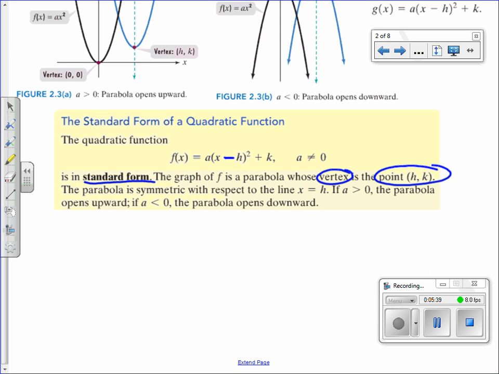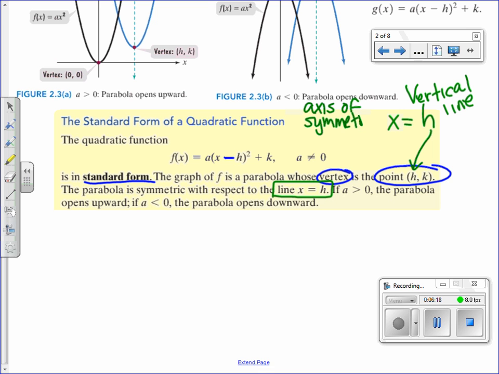So just like I was mentioning earlier, the parabola is going to be symmetric with respect to a line. And in this case, we're talking about a vertical line, and that will be the line x equals a number. And of course, that number will come from the x-coordinate of the vertex. All right? And it's going to be a vertical line. And that is the, let's just write it down here, the axis of symmetry.